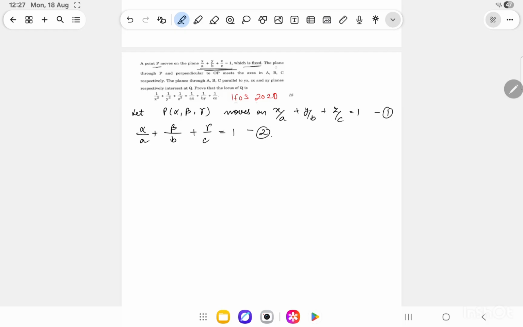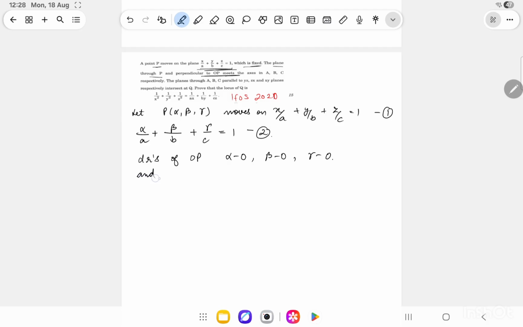Further the question says that the plane through P is perpendicular to OP. So the plane which is passing through P is perpendicular to OP. So the equation of the plane passing through P and perpendicular to OP will be, so first let's see what the direction ratios of OP will be. Alpha minus 0, beta minus 0, gamma minus 0.